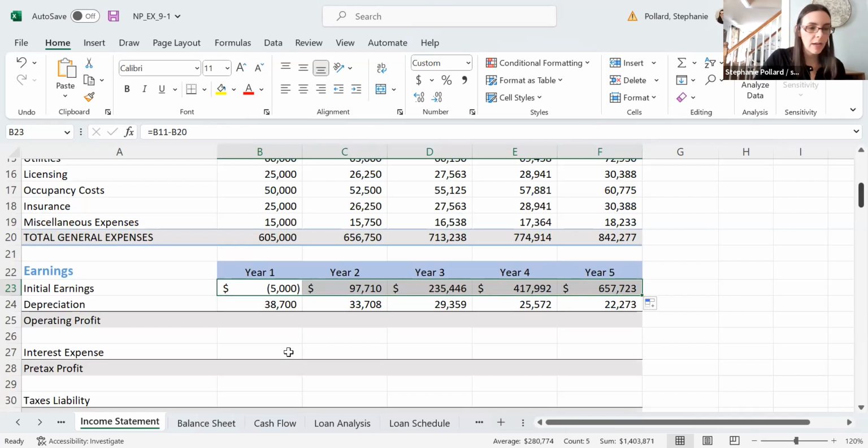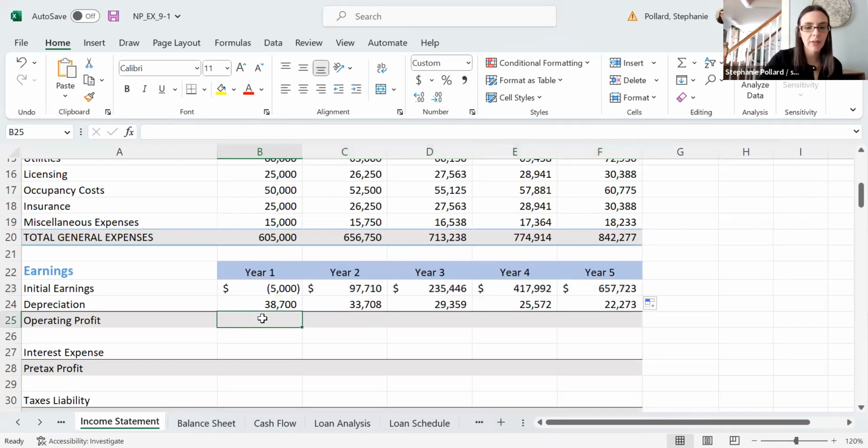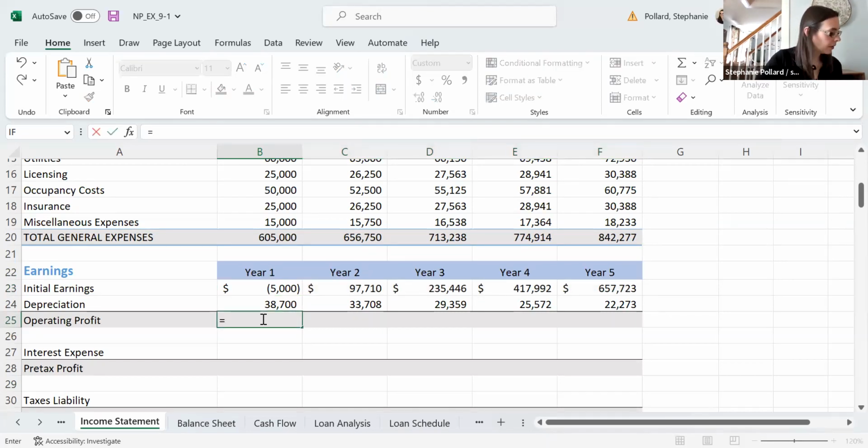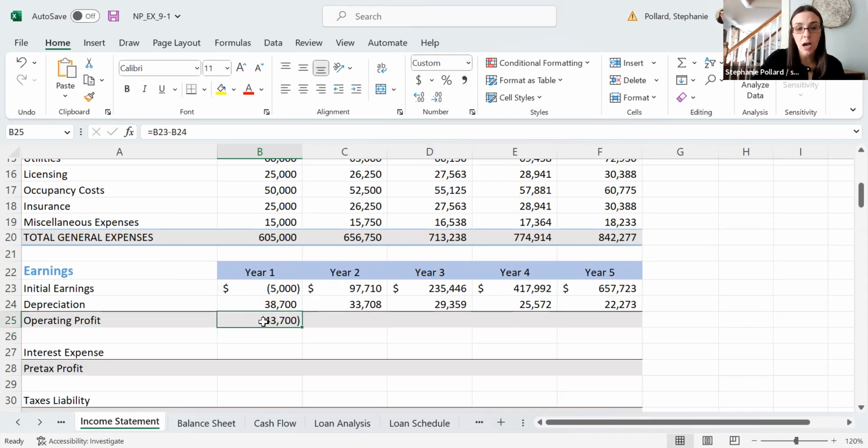All right, so now let's go ahead and finish the rest of this piece here. So for cell B25, I'm going to go ahead and I'm going to subtract B23 and B24. So I'm taking my initial earnings and subtracting out that depreciation. The depreciation acts as a cost.